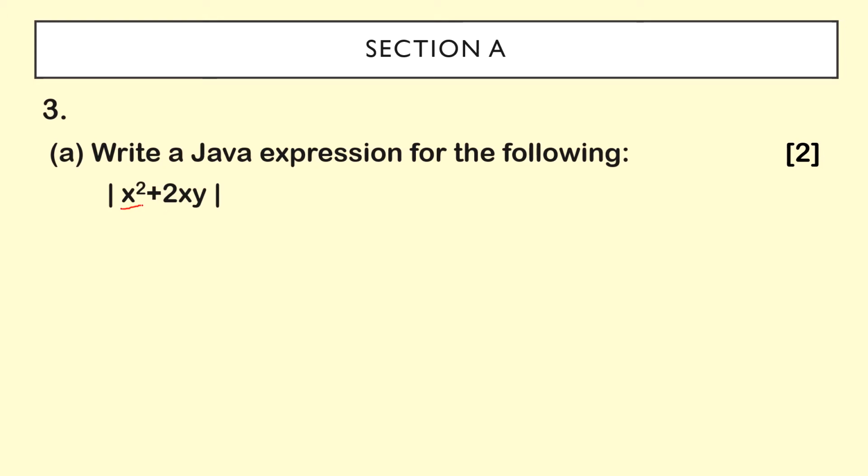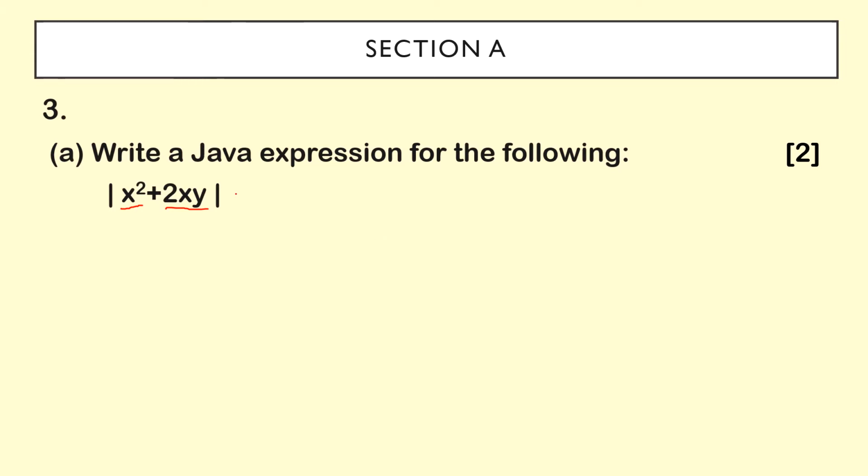We have x square, which means power, and here is a simple multiplication expression. By this equation itself, we can understand that we will be using the Math library and we will create the Java expression.